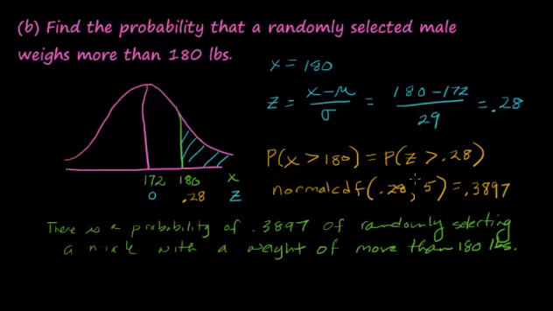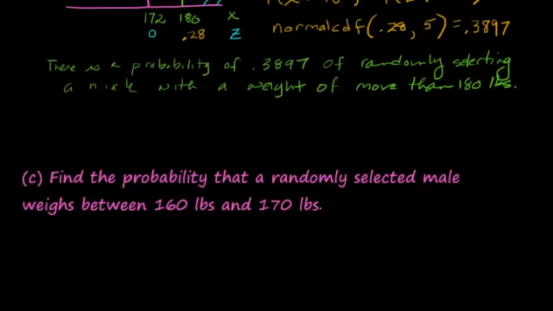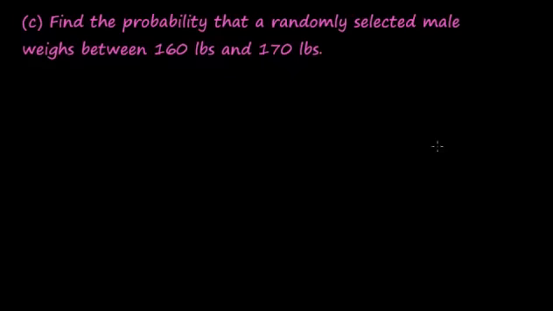So we've seen one where the probability was below a number and one where the probability was above a particular value of interest. And now we want to see a third type of problem. Continuing with our weights of males, find the probability that a randomly selected male weighs between 160 and 170.